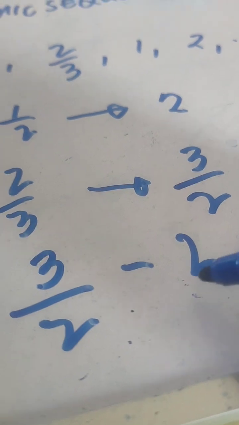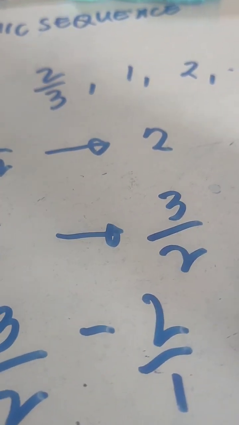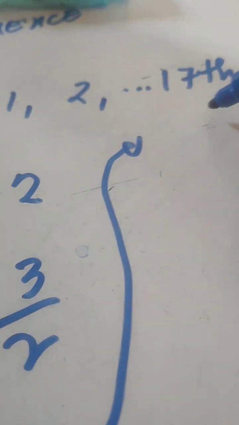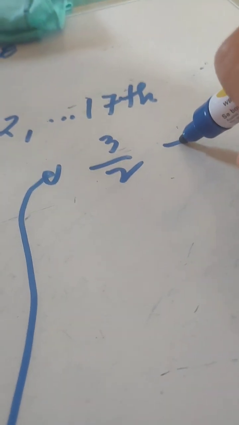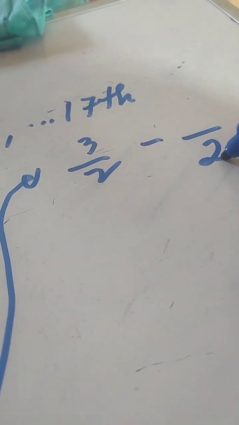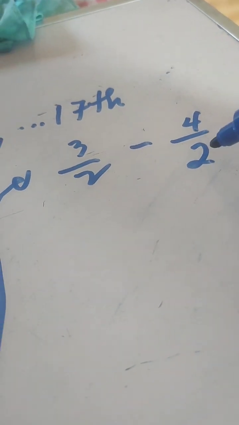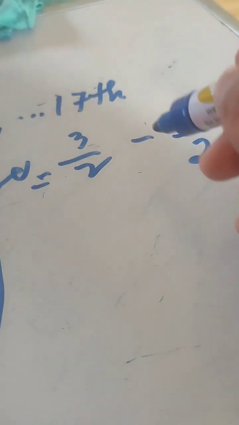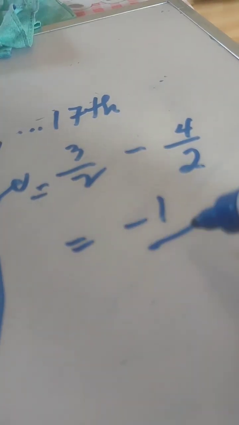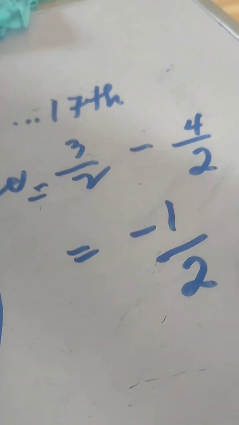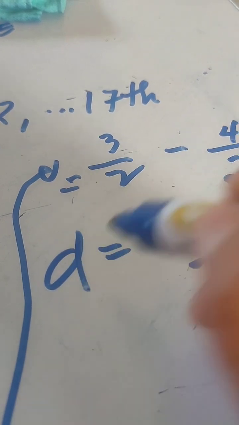Since we have dissimilar fractions, we need to change them to similar fractions. So we have 3/2 minus 4 over 2, which is 3 minus 4, or negative 1. Copy the denominator, so we have negative 1/2. So this is now our d.